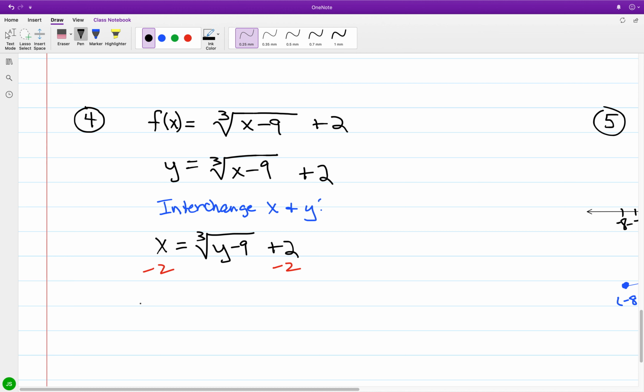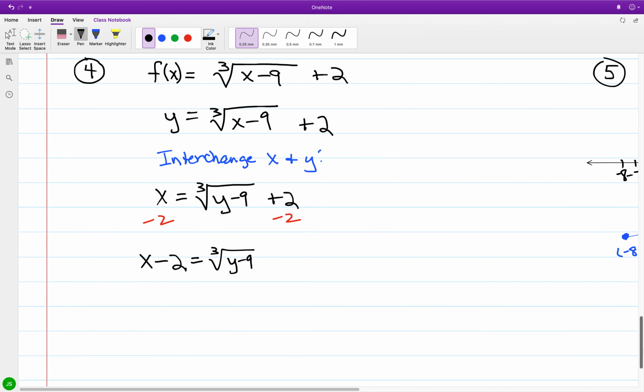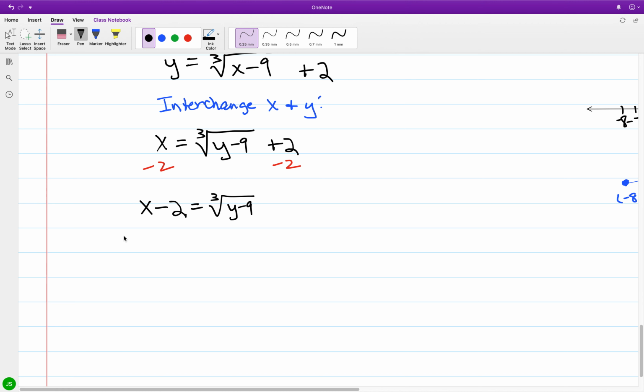Okay, we have taking away 2, so we have x minus 2 is equal to the cubic root of y minus 9. And in following through, to get rid of the cubic root, I can just take both sides and raise to the third power.